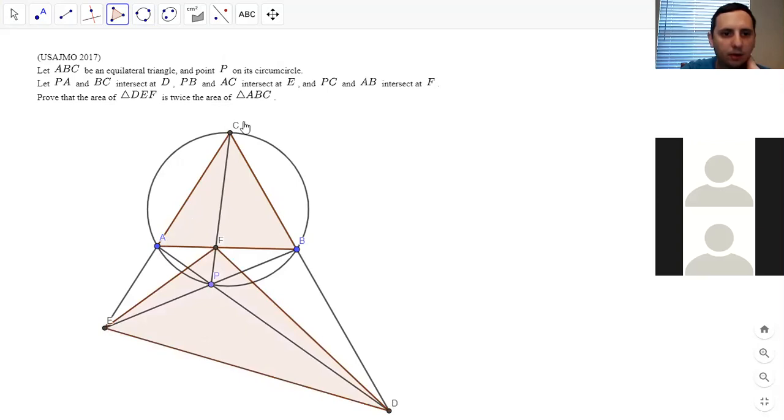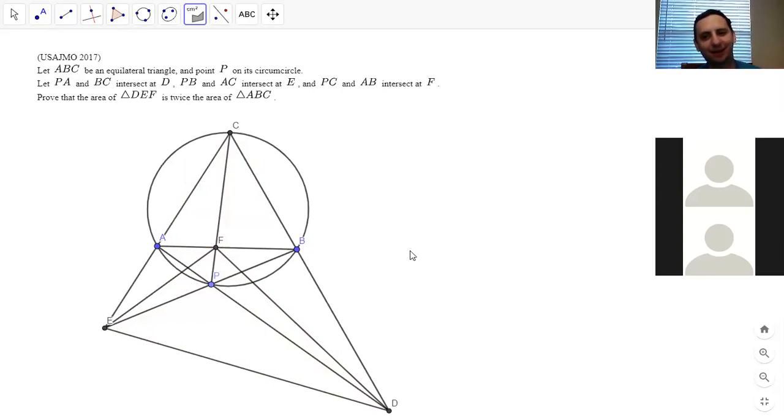Then we have the area of this, 10.23. Yep, this is double that. Yeah, because they were rounded to 2 decimal places.